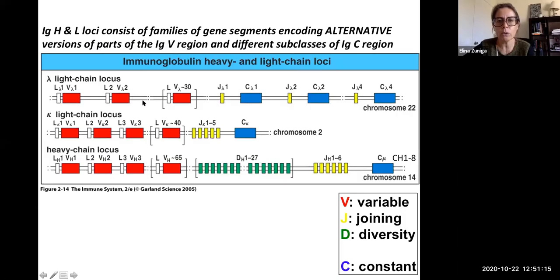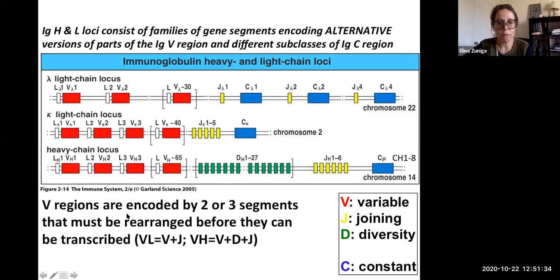Each of them contains alternative versions of parts of the variable region of the immunoglobulin. For the light chain, alternative Vs and Js. For the heavy chain, alternative Vs, Ds, and Js segments. For forming the variable region of the light chain, a V and a J need to come together. For forming the variable region of the heavy chain, a V, D, and J need to come together.